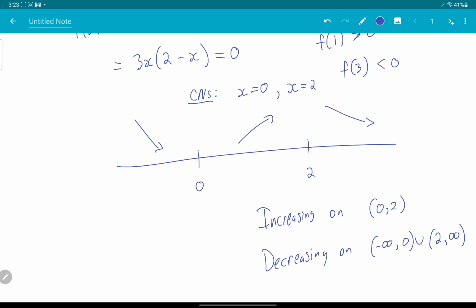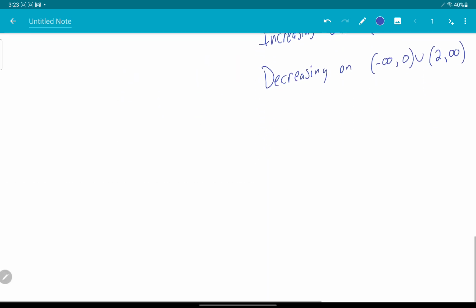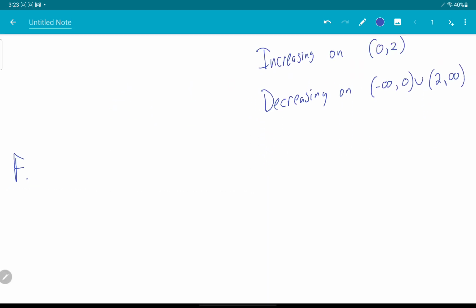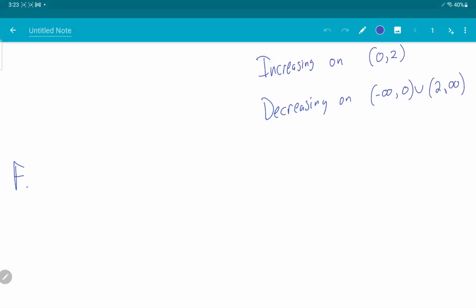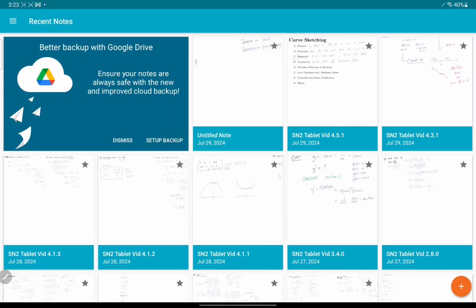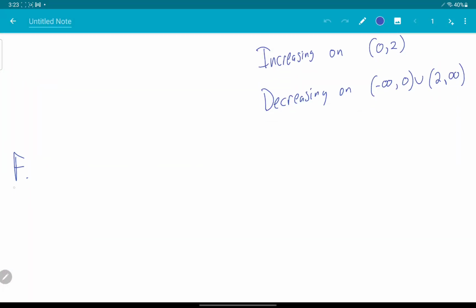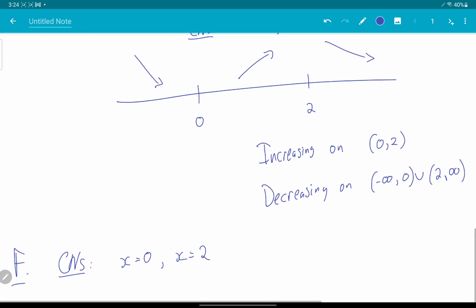F is local max min. My critical numbers are 0 and 2. Now I can use the first derivative test, right?